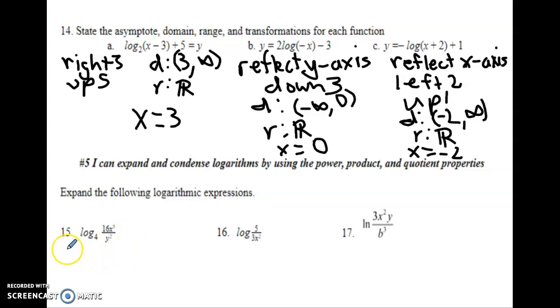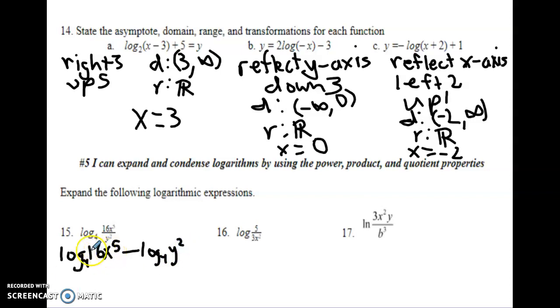So we're going to split that apart to log base 4 of 16x to the 5th minus, I forgot to put the base over here, log base 4 of y squared.